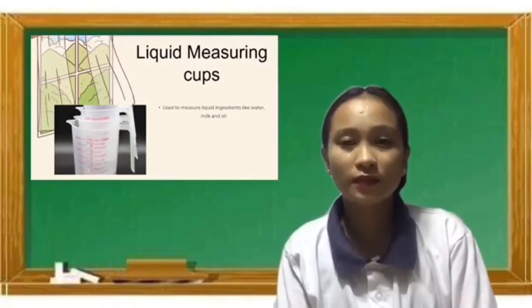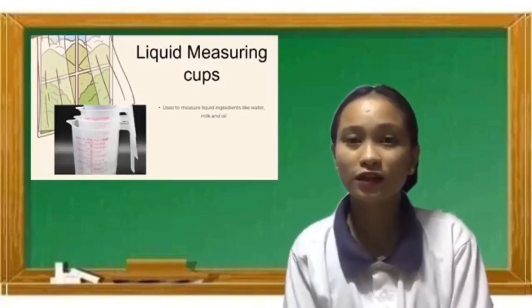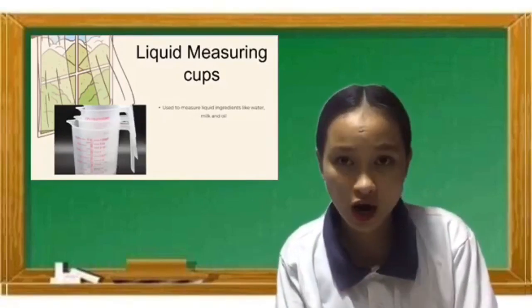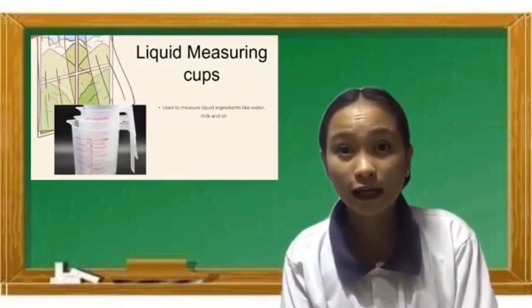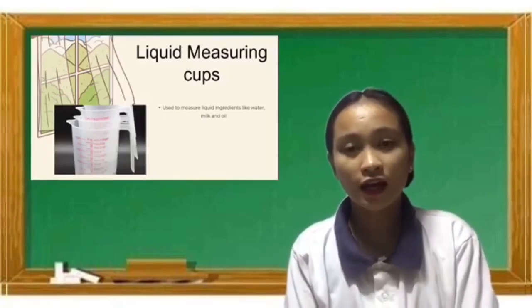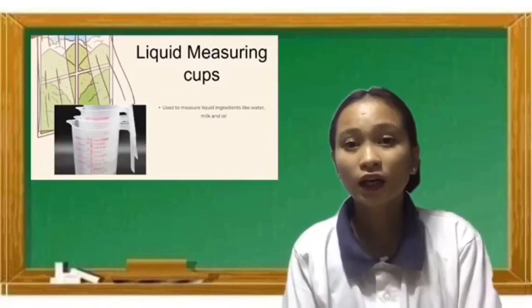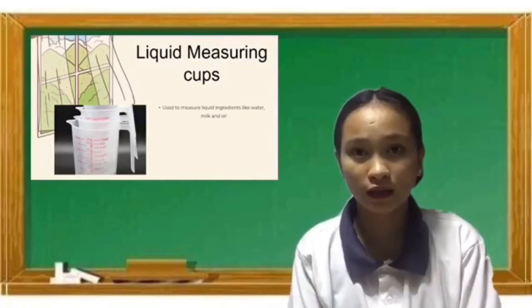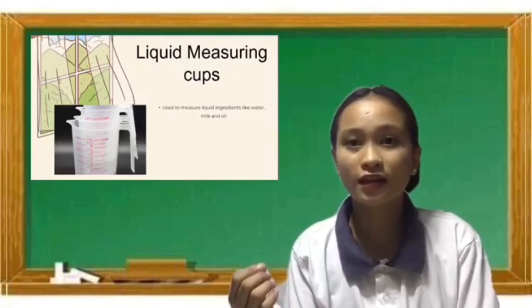It's the same as the dry measuring cups, but the difference between the two is that dry measuring cups are only used to measure dry ingredients, and liquid measuring cups are only used to measure wet ingredients such as milk or water or any kinds of ingredients that are wet.